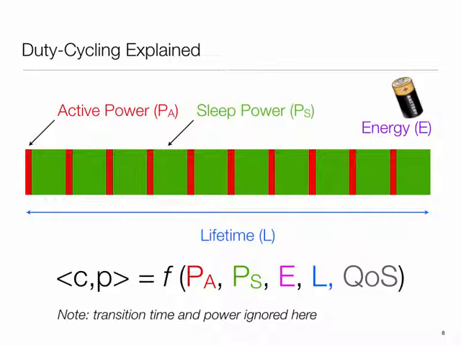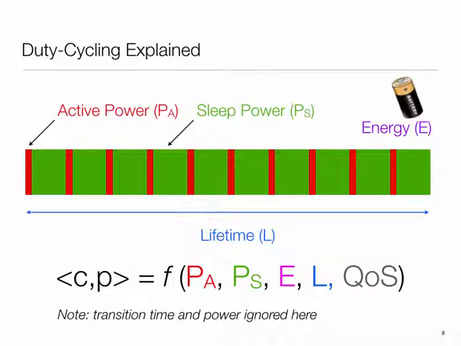The permissible C and P, which collectively define the duty cycle, are going to be dependent upon some constraints that will follow. I'll usually have some lifetime constraint, in the sense that I'm a battery operated device and I need it to last for a certain period of time. The values of the active power and the sleep power are going to matter. For example, if sleep power is very high, then that's essentially my baseline, and that will affect my lifetime.